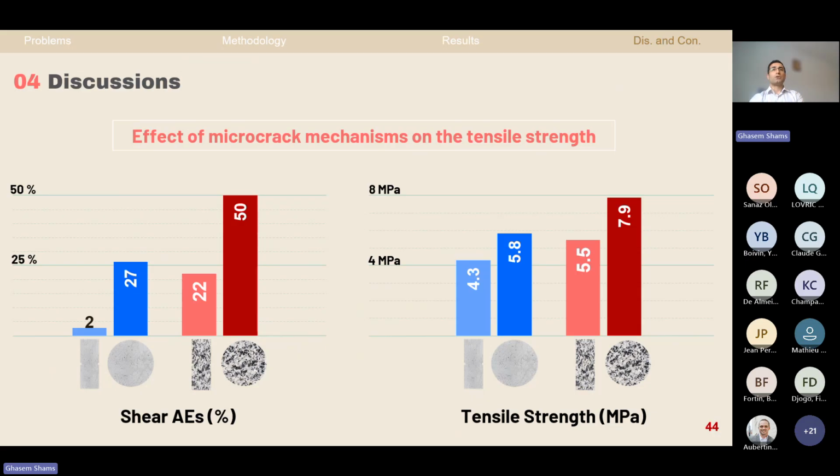They're different. Shear microcracks are dominant in Brazilian tests. Shear microcracks consume more energy to fail, to break. Therefore, they consume more work or load to get the final failure.